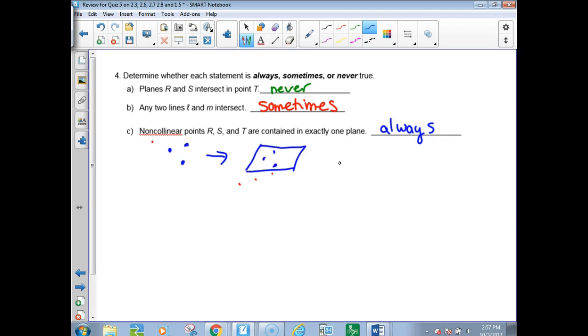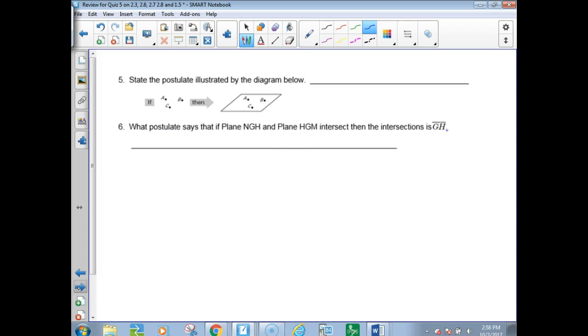It's 2.2, I think. Through any 2 points, there's exactly one line. That's 2.1. I don't like to just remember the numbers. You may just write down what they mean, you know. Well, let's see. Number 5 is 2.2.